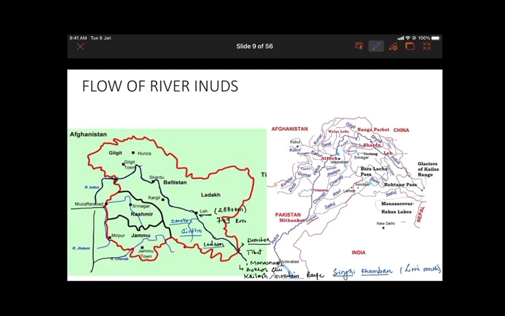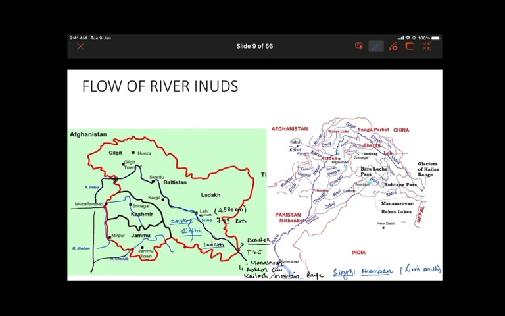The point at which Zanskar is joining Indus is Nimmu. It's a small place in Ladakh. After this, it is flowing through Leh and it is continuing its northwestern flow.